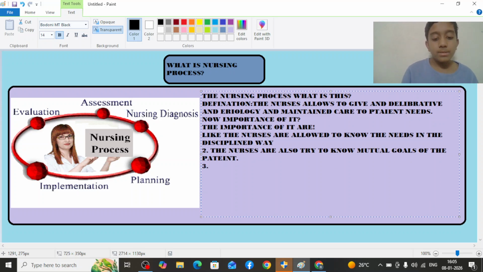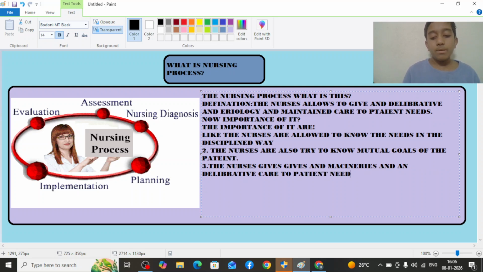Then the third one is that nurses give machinery-based, deliberative care to the patient's needs. It means they give care which is modern.